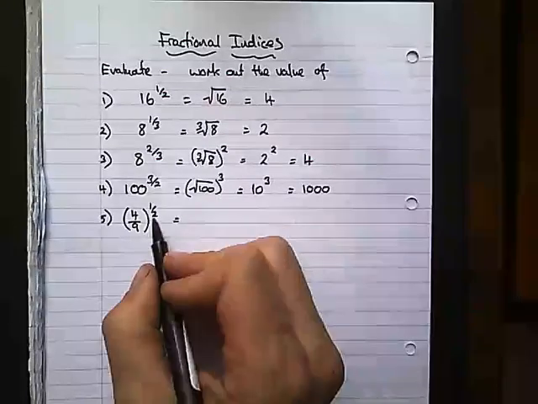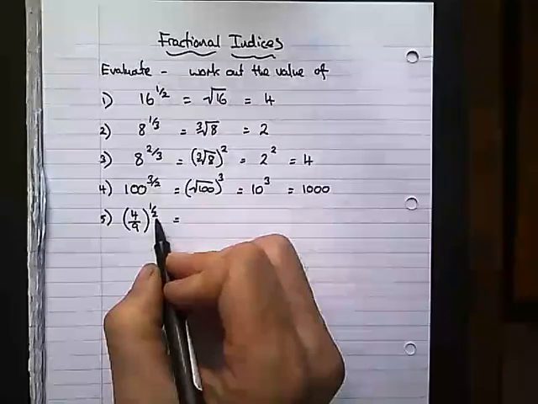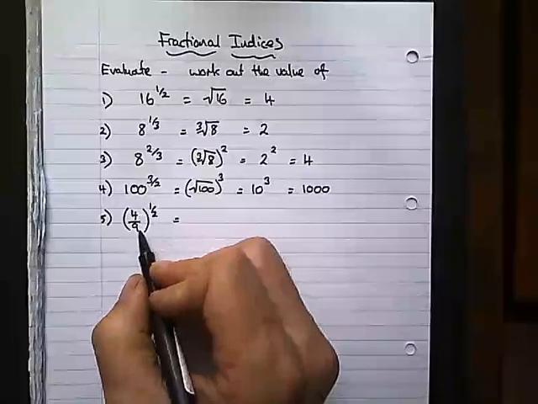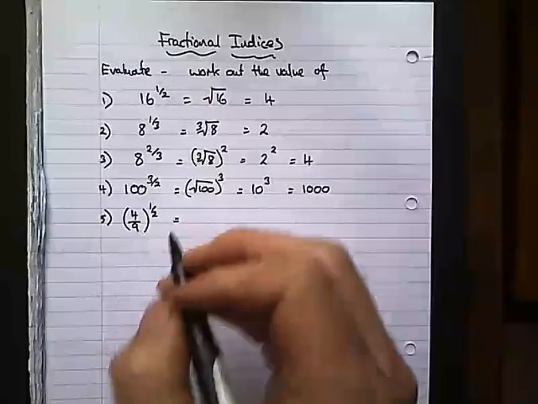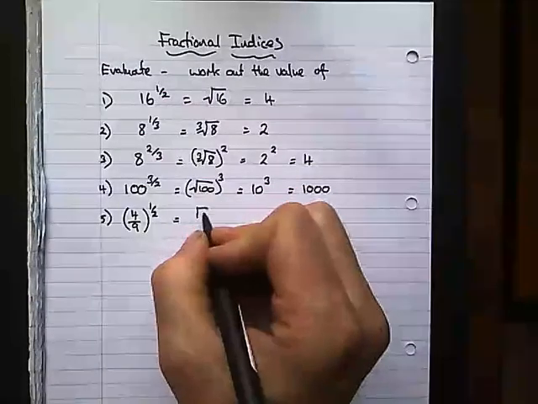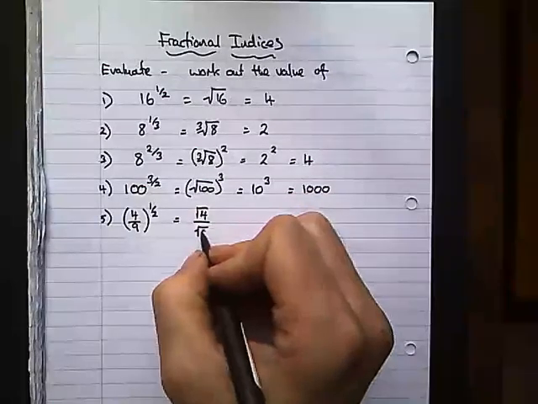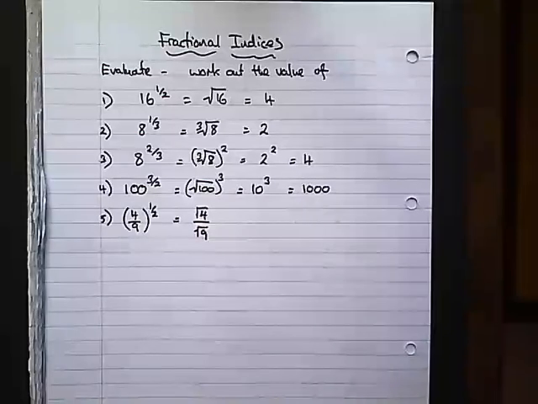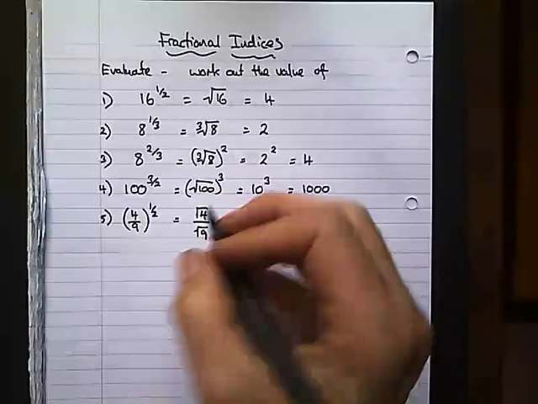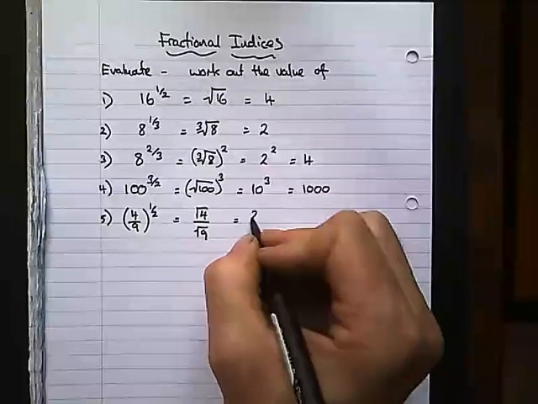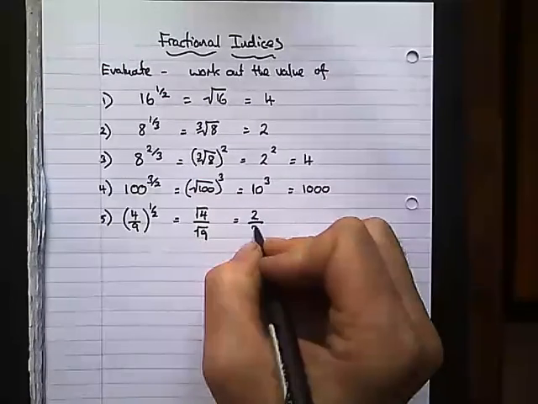All I want, because it's a 2 on the bottom, is the square root of 4 and the square root of 9. So this is the same as saying I want the square root of 4 divided by the square root of 9. Which is, square root of 4 is 2, square root of 9 is 3.